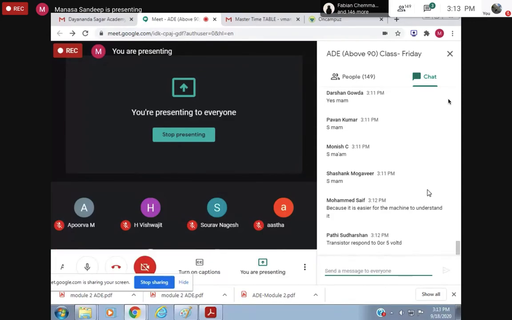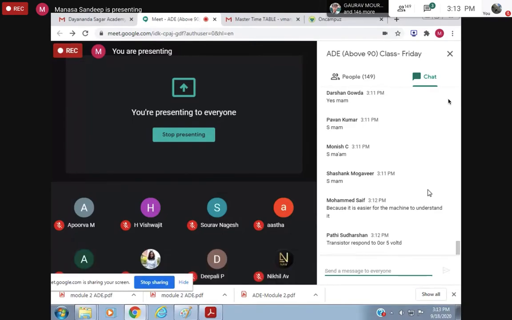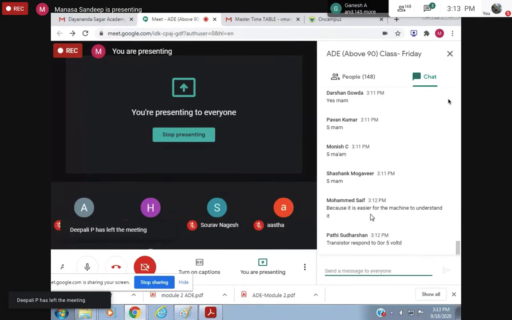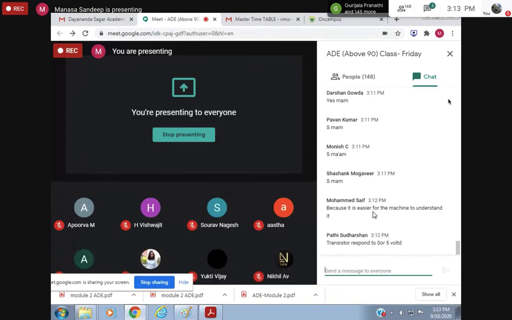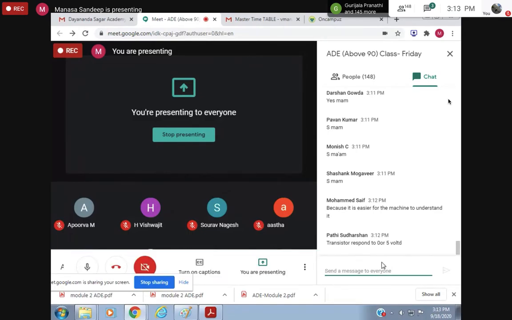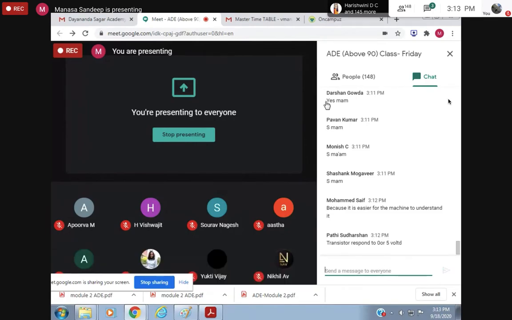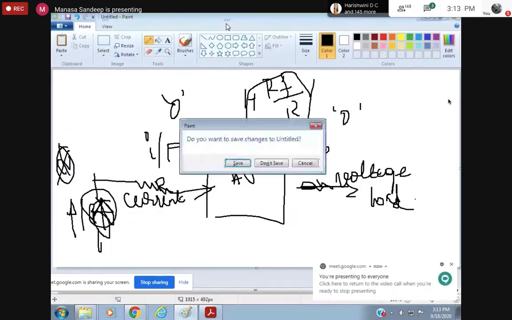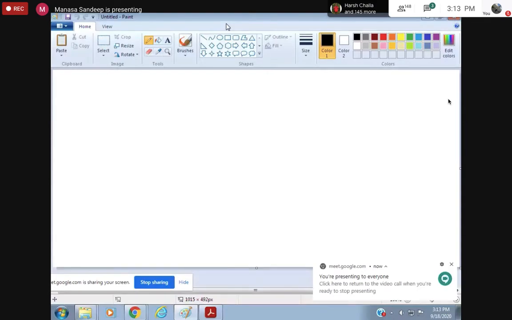So no transistor now. Okay, so whatever in the real world that exists, it is in the form of analog. But what about our computers? So what do you think? As he said, the computer can understand only digital things. It is capable of understanding only zeros and ones.